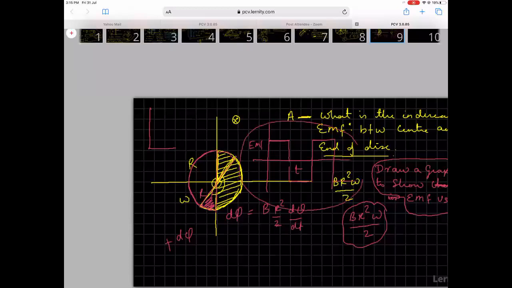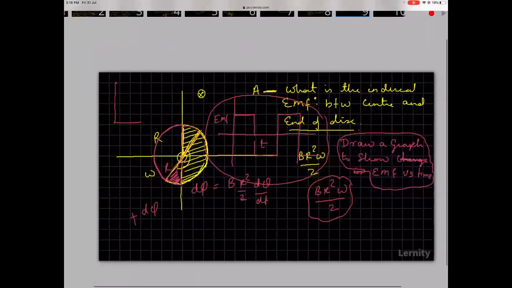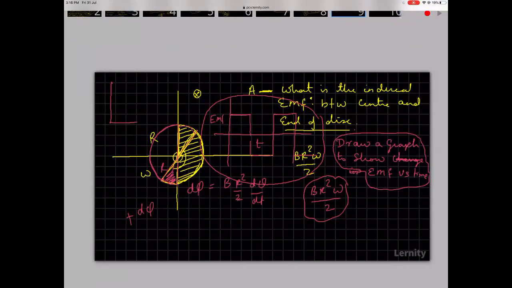There is a situation of positive EMF and negative EMF, an increase in flux and a decrease in flux.